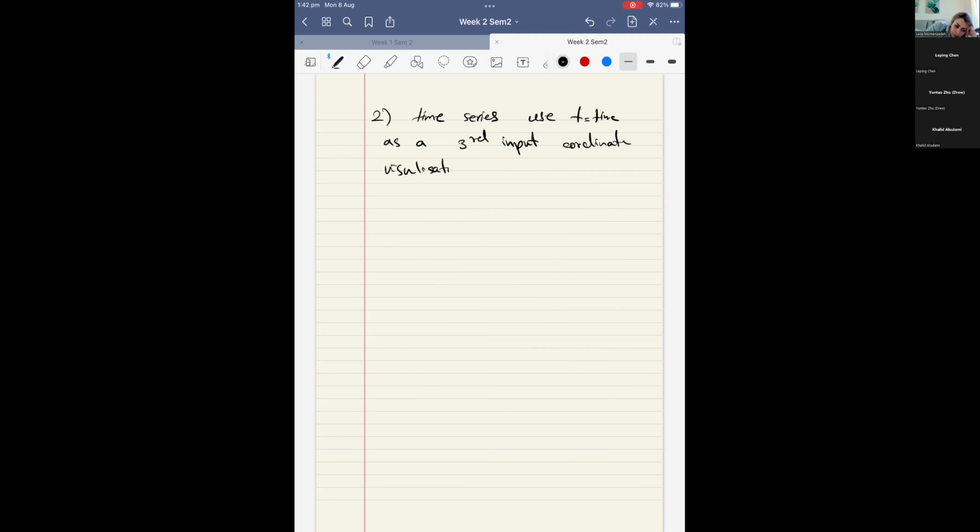The visualization is a video. For making a video, you have these two inputs, for example, and the third input should be time, and you have a function of three variables.